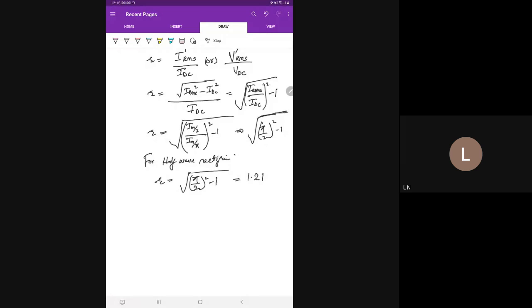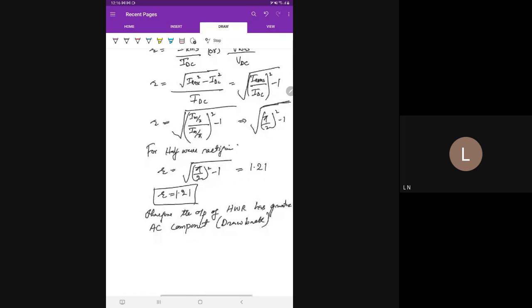Therefore, the output of a half-wave rectifier has a greater AC component present in it, which is a drawback. So it is not suitable for a pure DC power supply, because it has a very high AC component present in it.